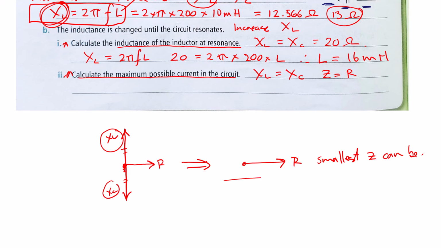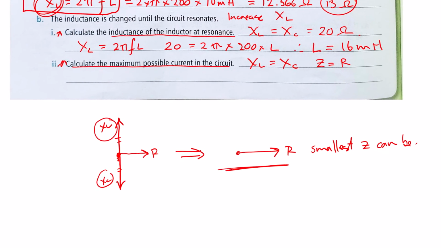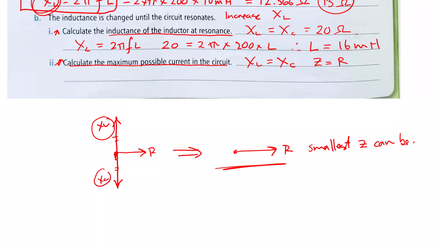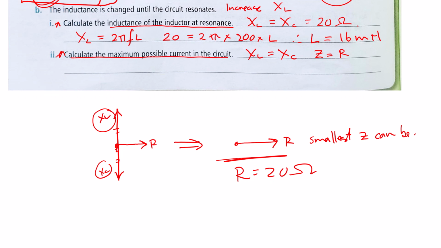So using this as the resistance at the point where we will have lowest impedance will give us the maximum current. So that particular resistance of that resistor is 10 ohm, R equals 10 ohm, and the current is equal to voltage over resistance, Ohm's law.